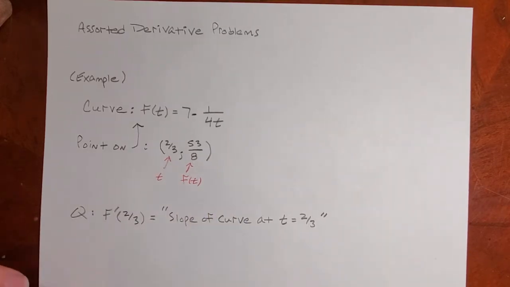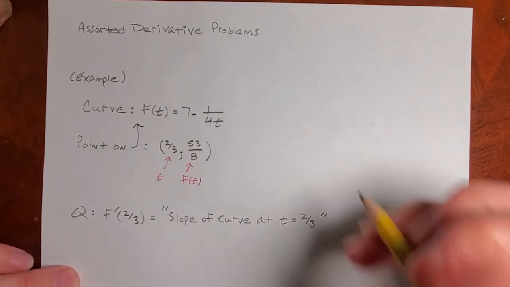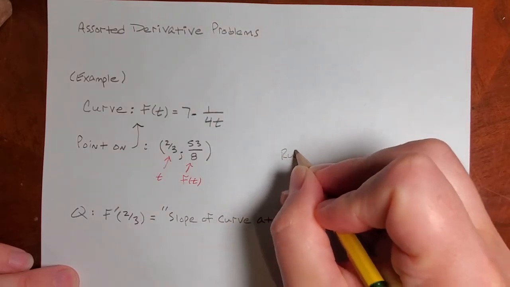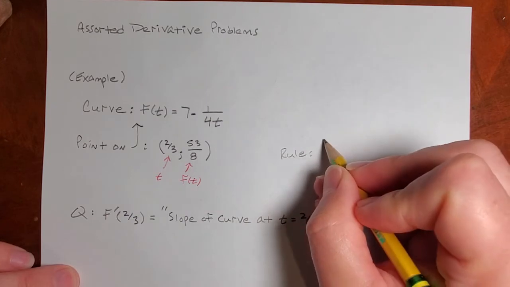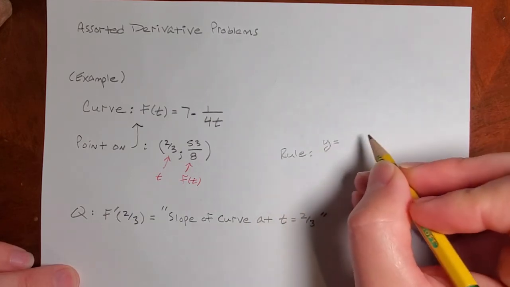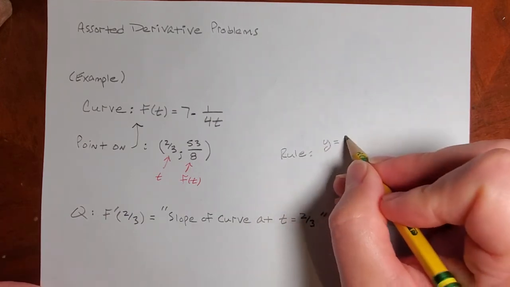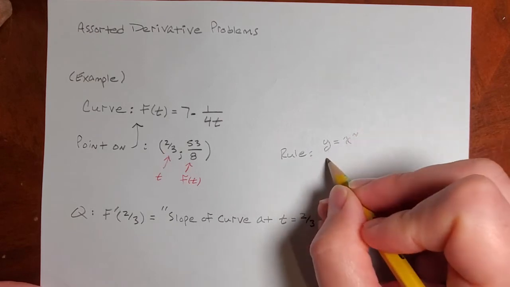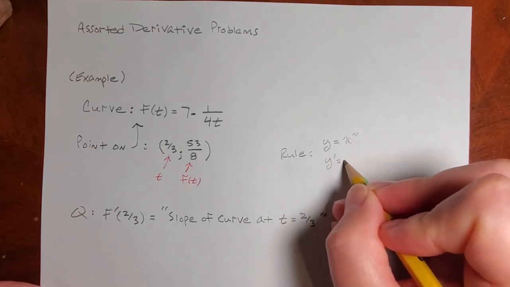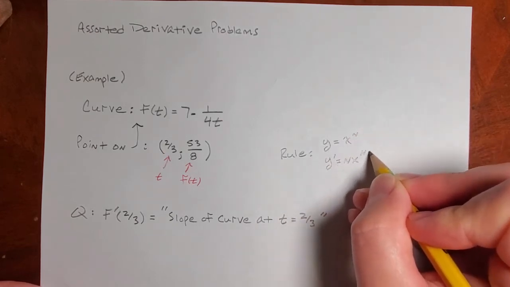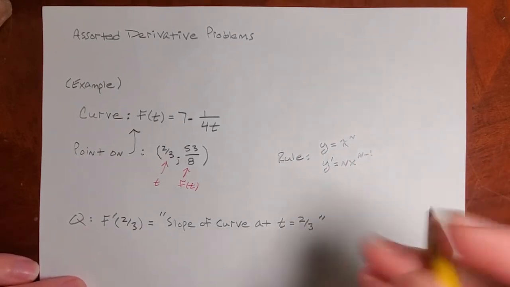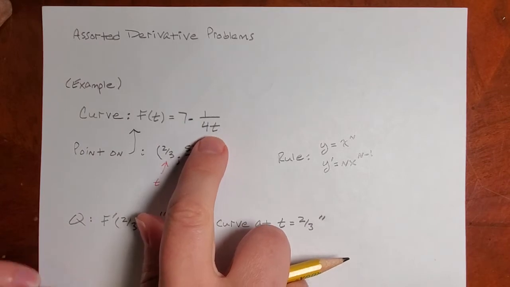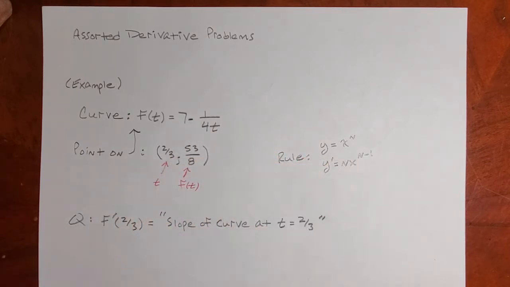So how about this? First of all, we've got this rule for derivatives, and it goes something like this. If y is, let's use y and x. So if y is x to the n power, then y prime is n times x to the n minus 1. It's a pretty easy rule to use on its own. I mean, if the problem doesn't look like the rule, well, then you've got more issues.